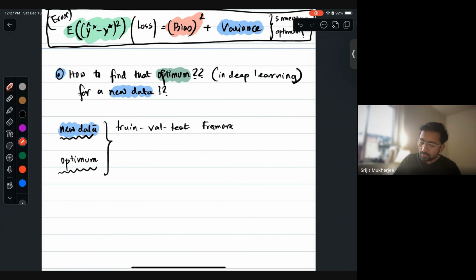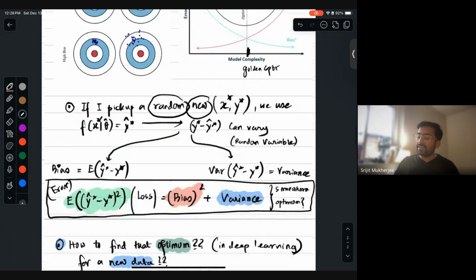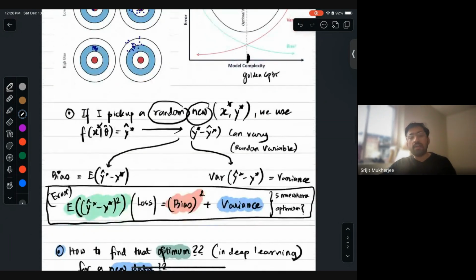For both, we have different ways, like different training strategies, which we use for deep learning. So this is mostly for getting the idea of the new data, because we want to find, for a random new data, what happens on average.